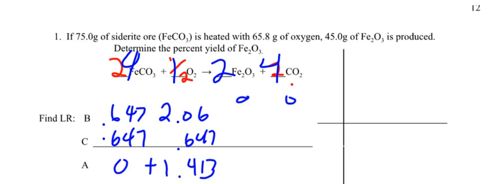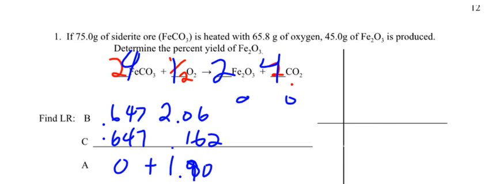And holy cow, I didn't do that right. Pause. Mrs. Vanderlei forgot to divide by 4, so this is 0.162 is what it looks like. So 2.06 minus 0.162 is 1.898, so 90. Hey, I found the right limiting reactant.